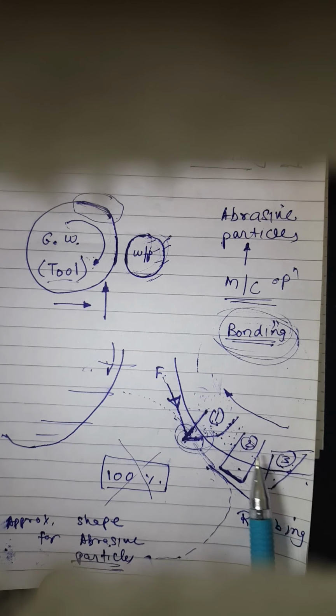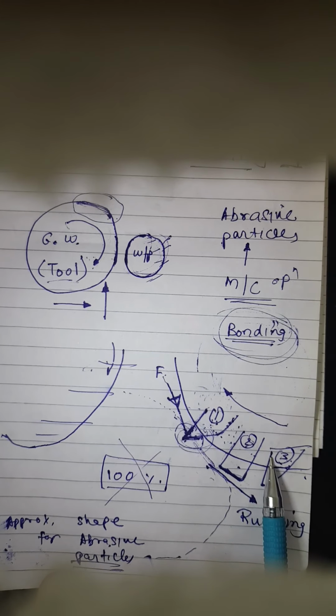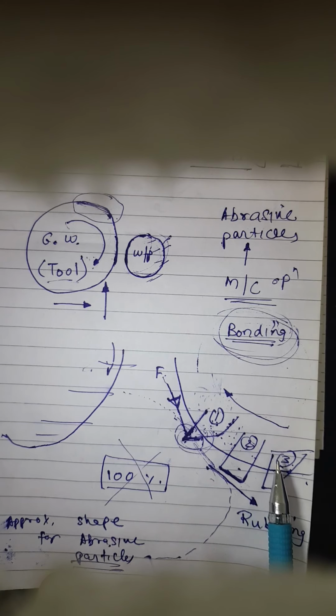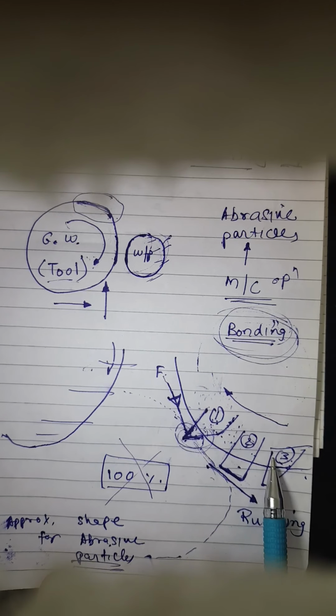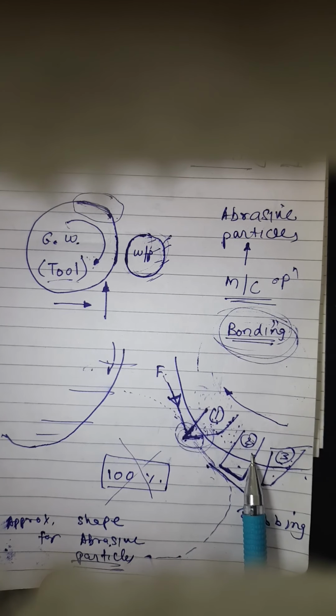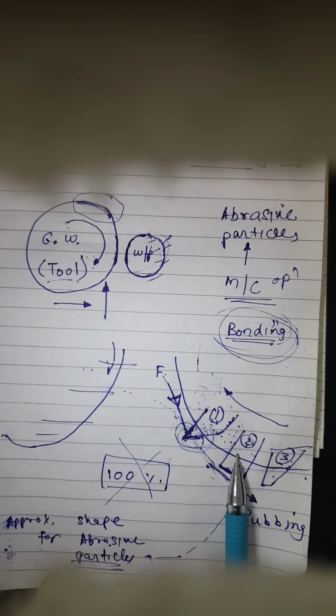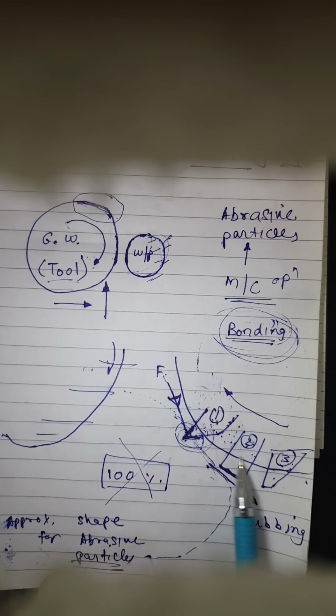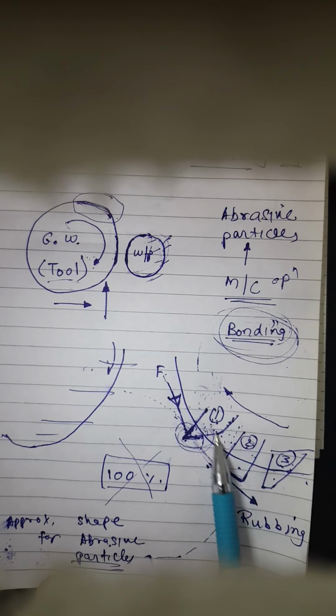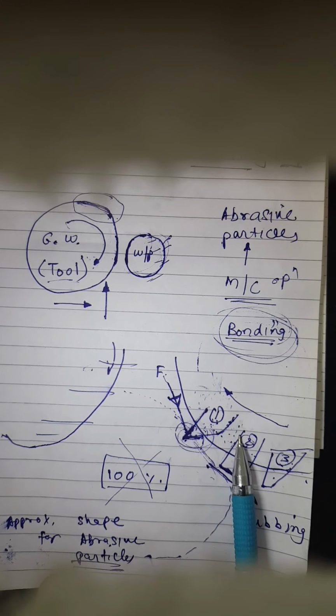These particles may have any random shape, and may be oriented in any random manner as well. The first thing we are considering is that it may have any shape and its orientation is also random, which is not in our hands when we are manufacturing the grinding wheel. How it is manufactured and what components go into it, we'll be coming to that.